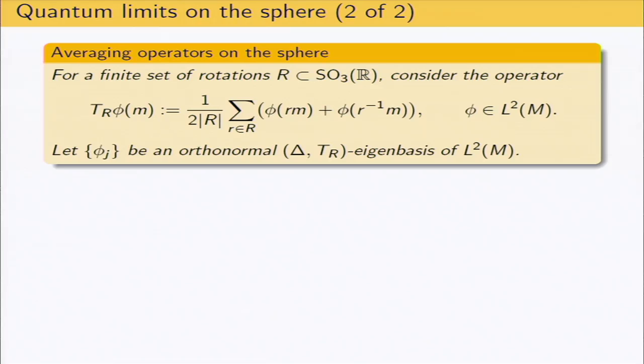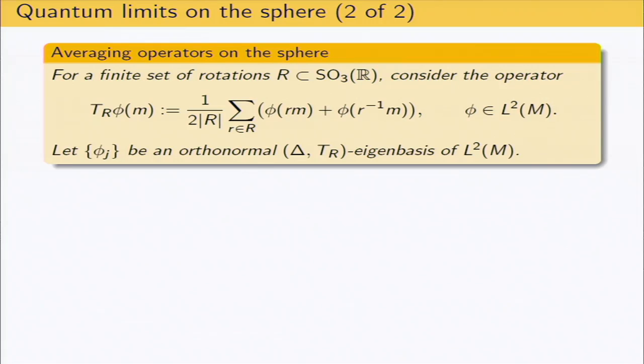So these rotations act on the sphere, hence they act on the functions. And I include R and R inverse to make these averaging operators self-adjoint. Rotations commute with the Laplace operator, so these averaging operators, just like the Hecke operators, of course, commute with the Laplace operator, and we can take phi j to be an orthonormal joint eigenbasis of L2 of M.